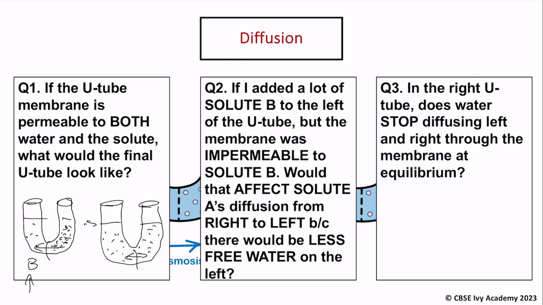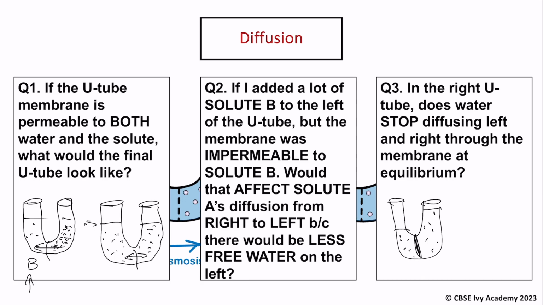Now, in the right U-tube, which was the original example, what you had was a membrane impermeable to the solute, but water was able to move, and it created an equal concentration.